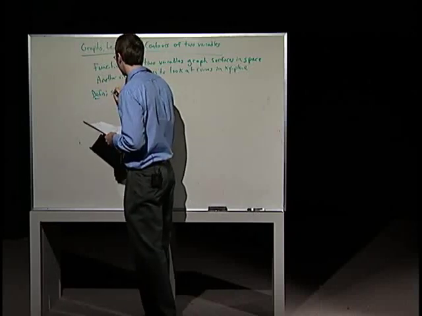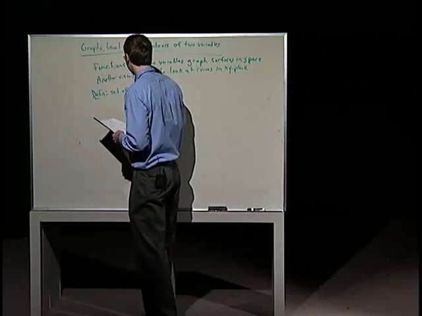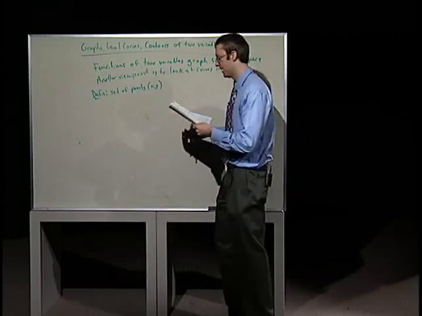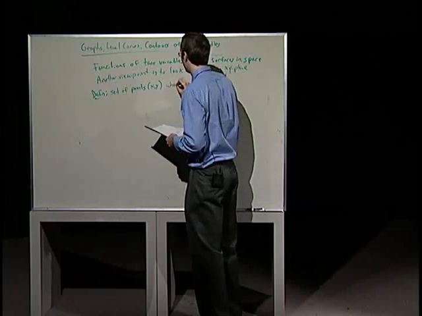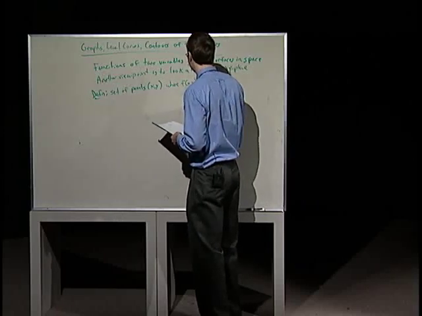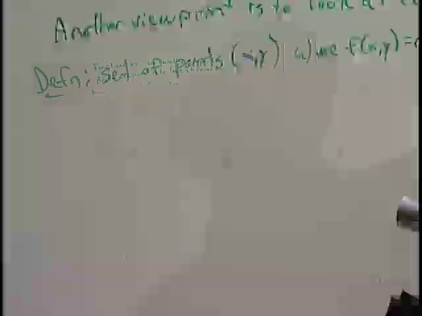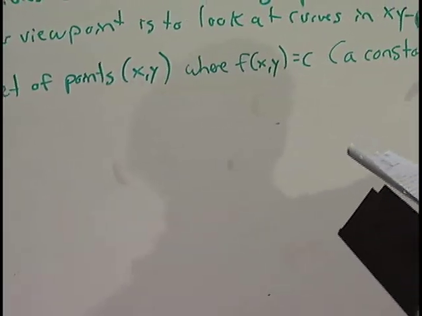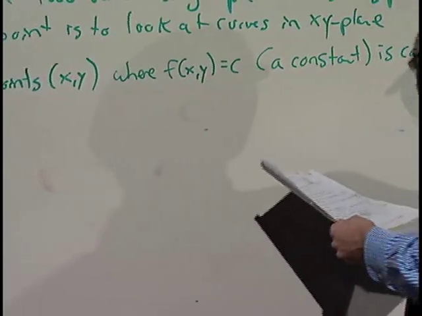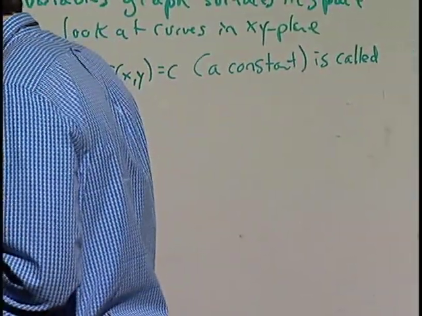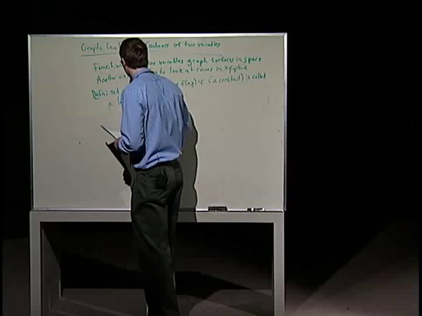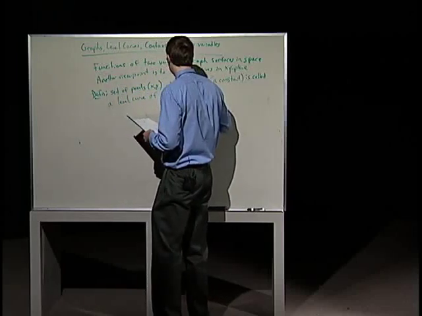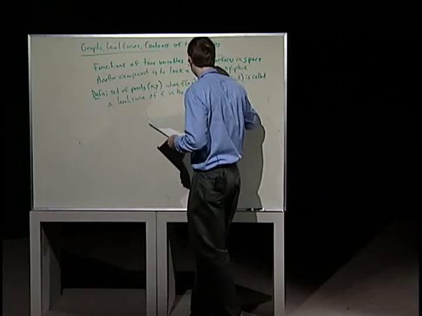Okay, so definition. The set of points x comma y in the xy plane where a function of two variables f of xy equals a constant c is called a level curve of f in the xy plane.